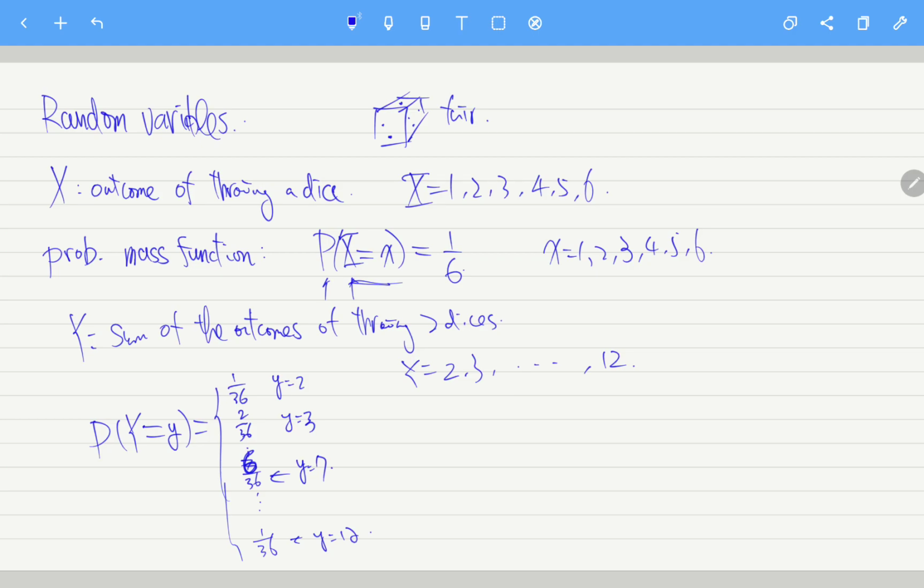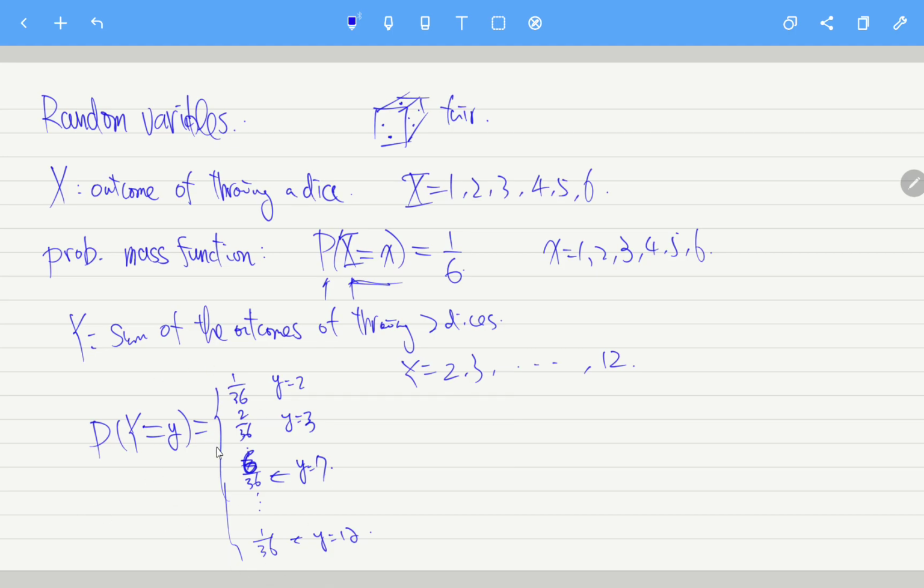Because for 2, it can only be 1 plus 1, but for 3, it can be 1 plus 2 or 2 plus 1, so there are two cases, and so on. The most probable case is y equals 7, which means 1 plus 6, 2 plus 5, and so forth, up to 6 plus 1.